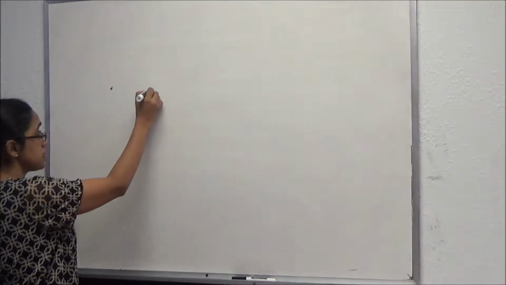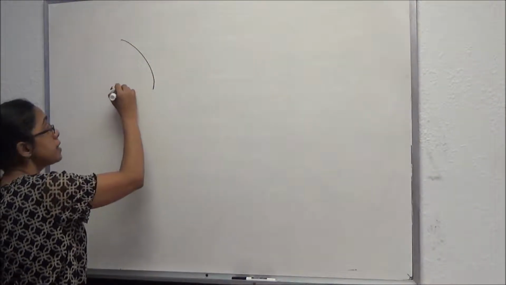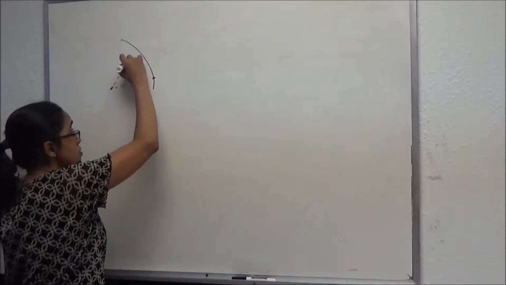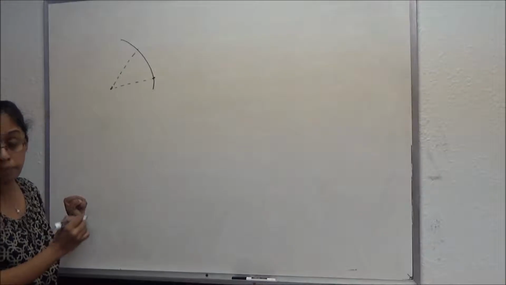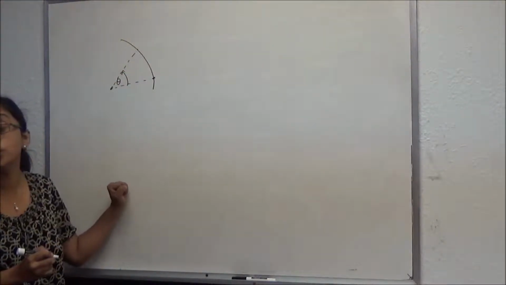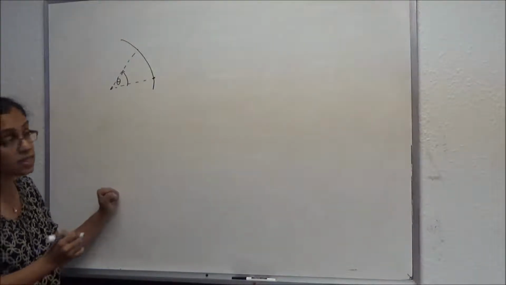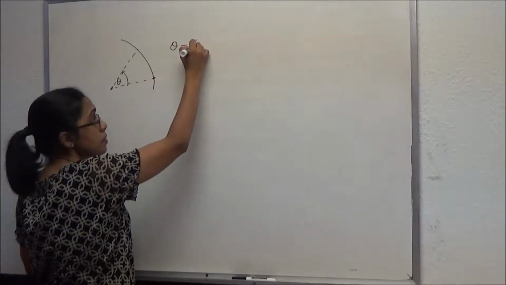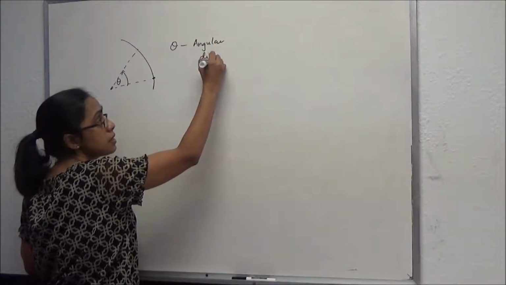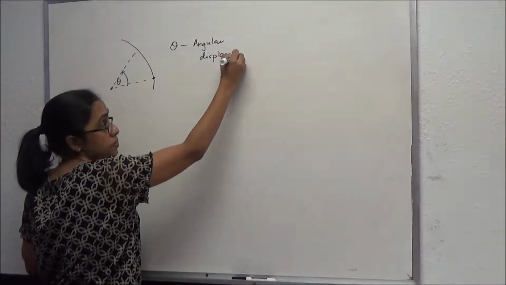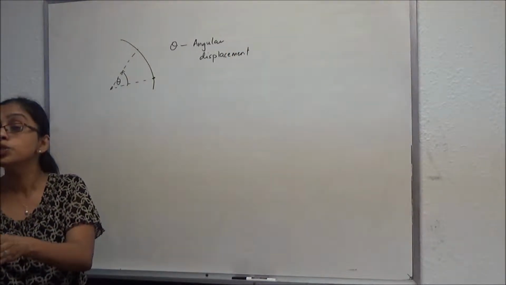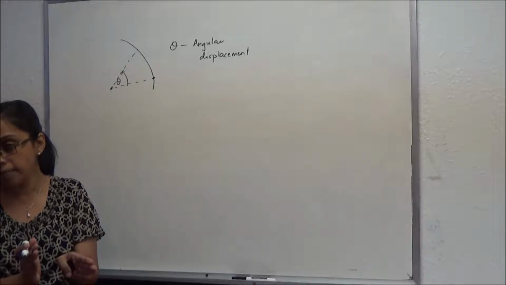If it was at this place at a certain time and at this place at another time, then this theta marks the angular displacement. That is the angle the particle sweeps during a given time.